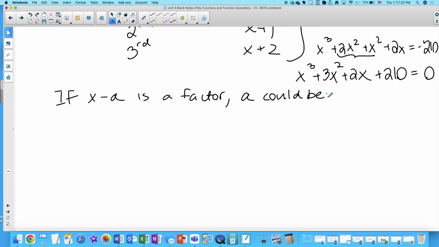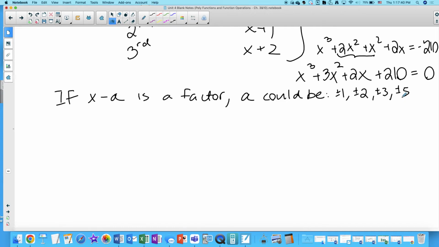It's going to be factors of 210. There's a lot of them. So plus or minus 1, plus or minus 2, plus or minus 3. 4 doesn't work, 5. I sometimes find it easier with really big numbers to list the pairs of factors together. You know what I mean?